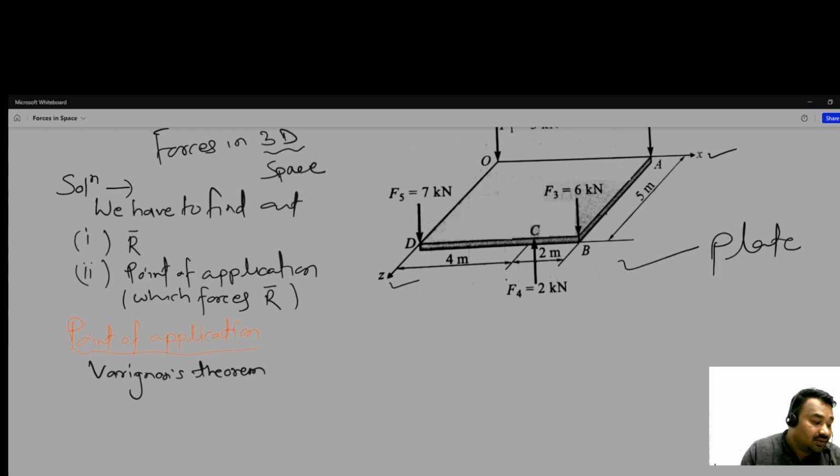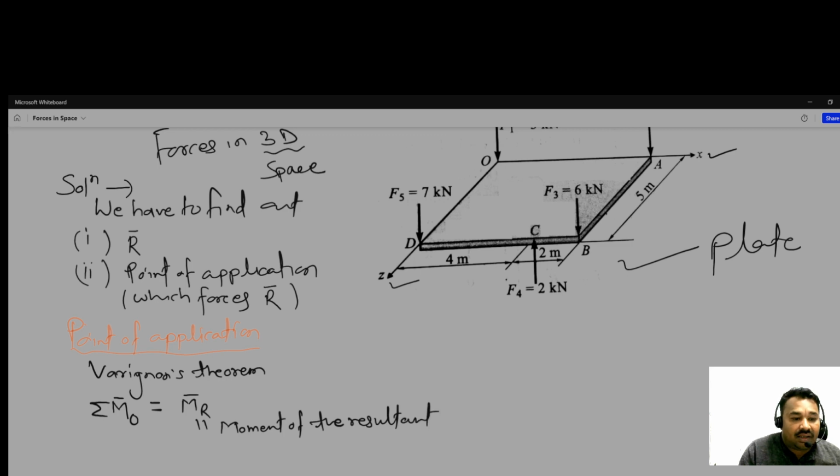And what is this? It is the summation of moments about O, in vector form, equal to the moment of the resultant. So this is the moment of the resultant, and this is what?